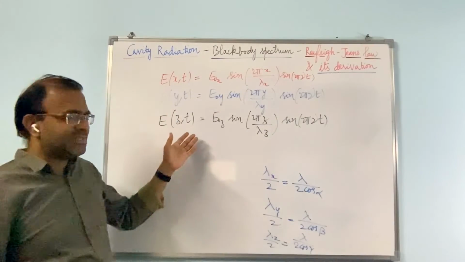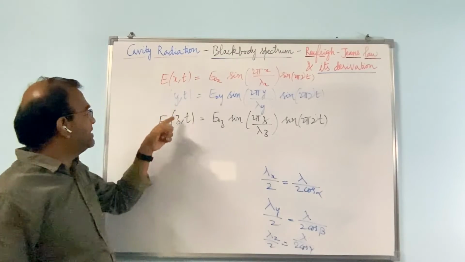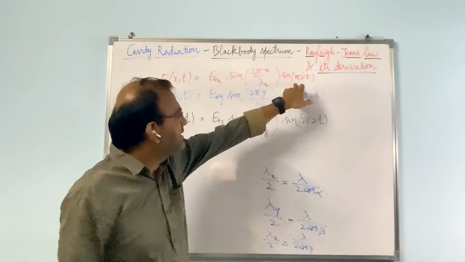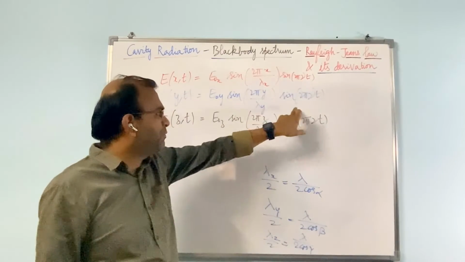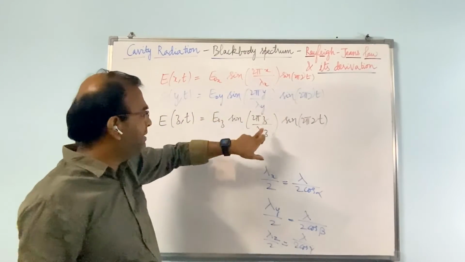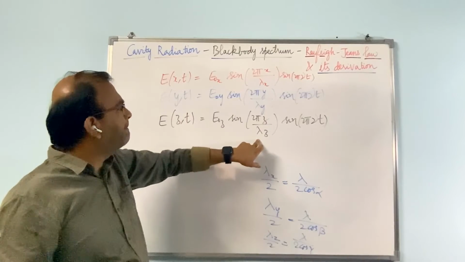These are the three expressions for the electric fields corresponding to the three directions x, y and z. We can see clearly that the temporal part of this function does not change for the three components, whereas the spatial parts along the x, y and z directions change.